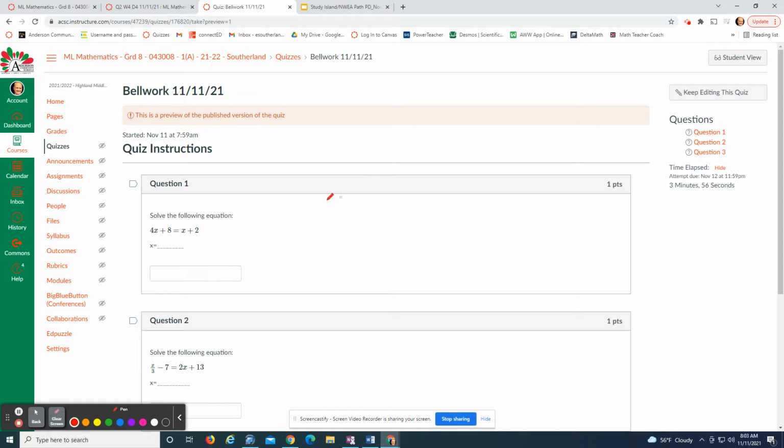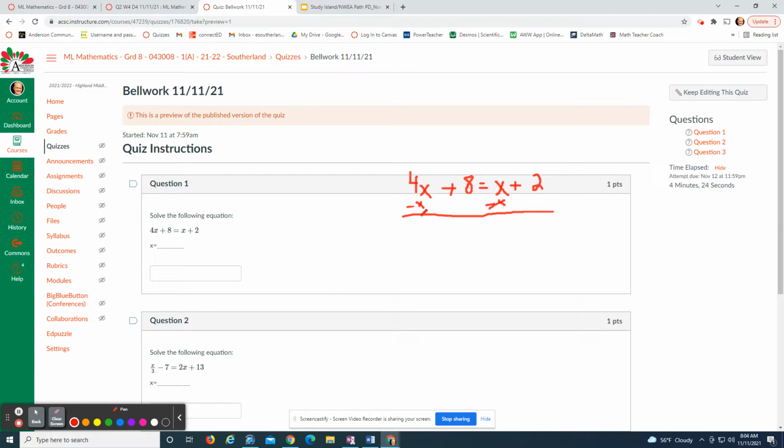So when you look at question number 1, the first thing that you want to do is move the x to the left side of the problem. To get rid of a positive x, you have to subtract x from both sides.